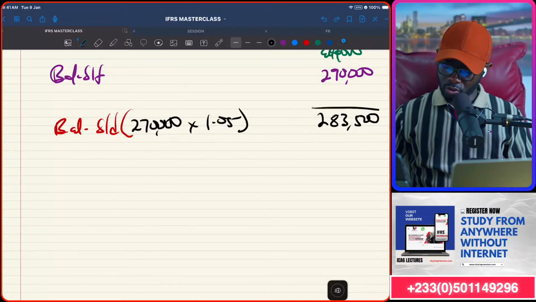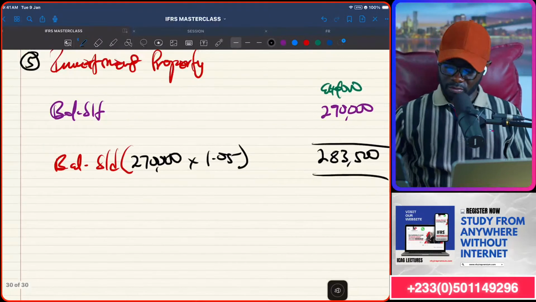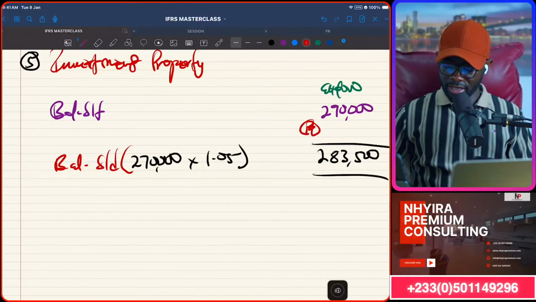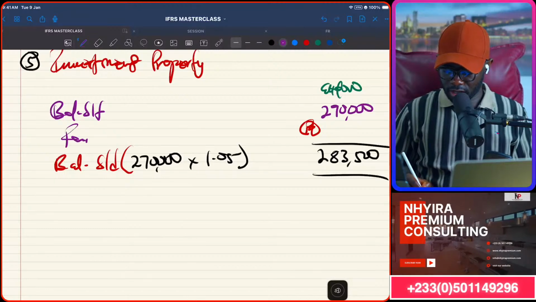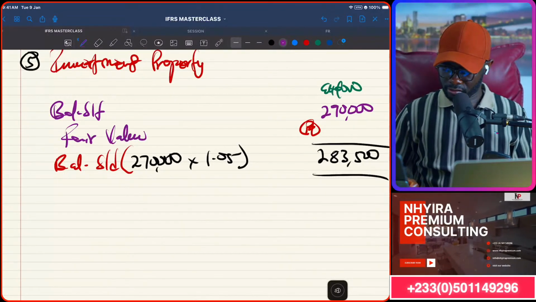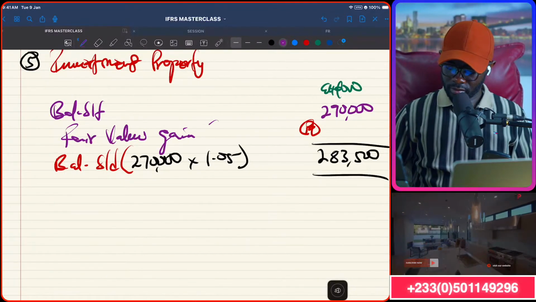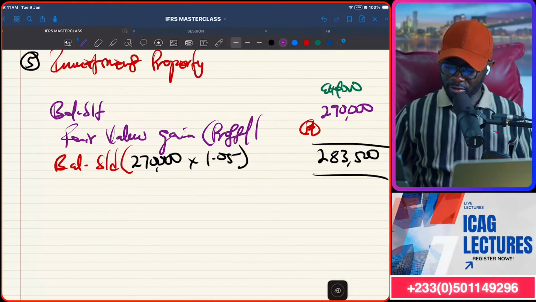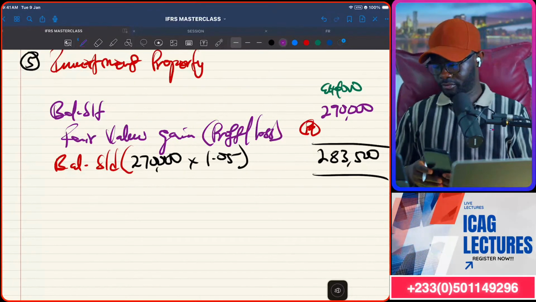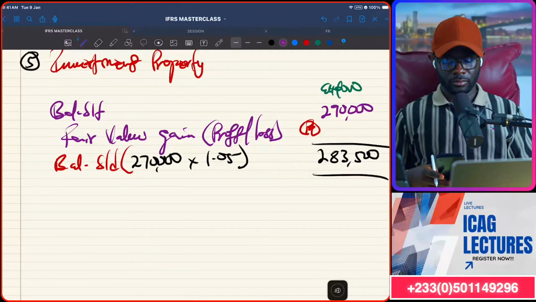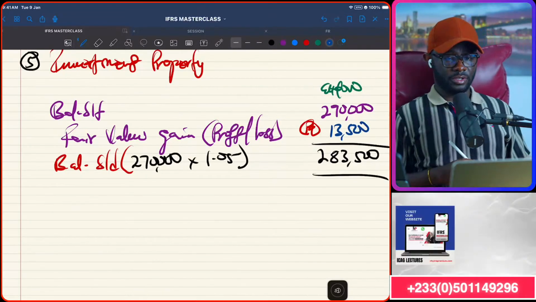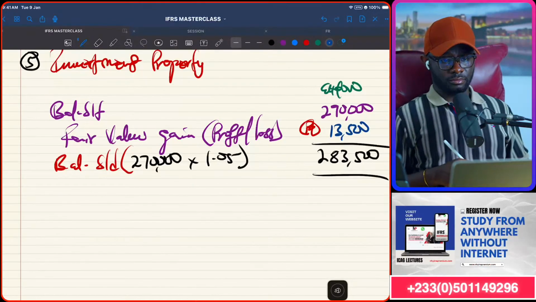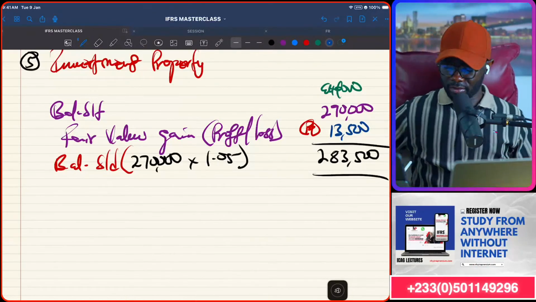And that is what will go on the face of the statement of financial position. So that the balancing figure is a gain on the investment property, which must be recognized in the profit or loss. And that is 13,500. So that will come in the profit or loss.